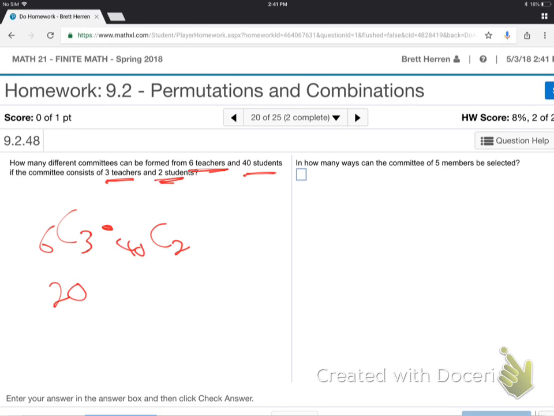The first one, 20? Yeah, and then the second one is 780. And so that's some big number. It's 15,600. There we go. 15,600 ways to do that.